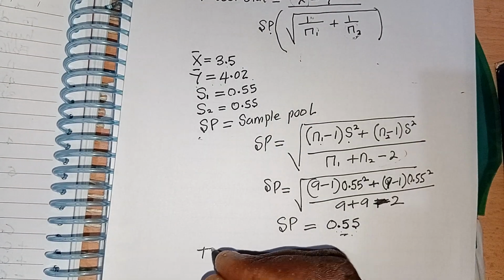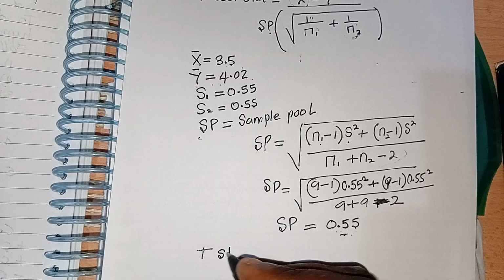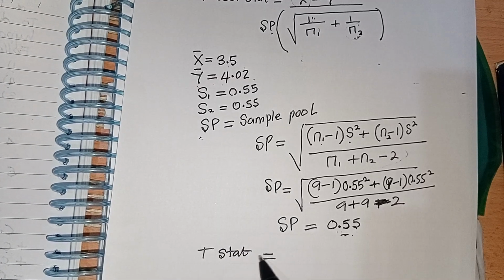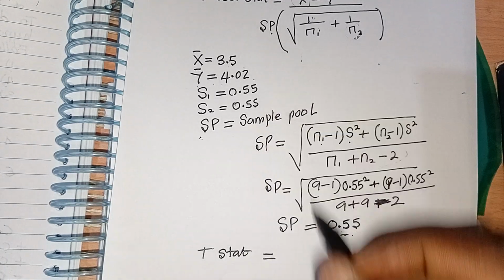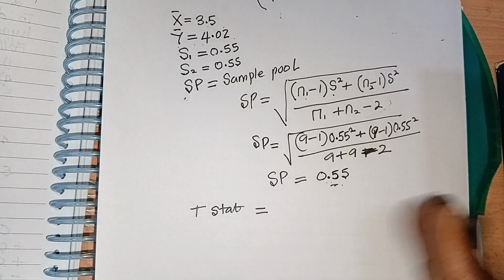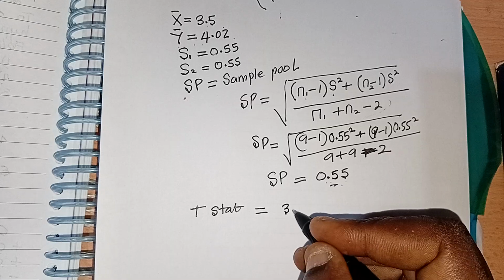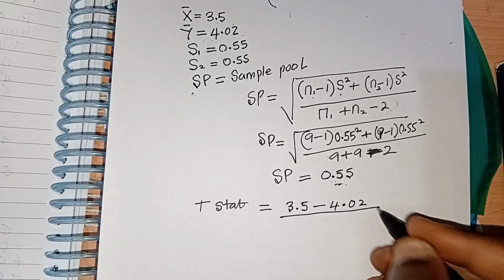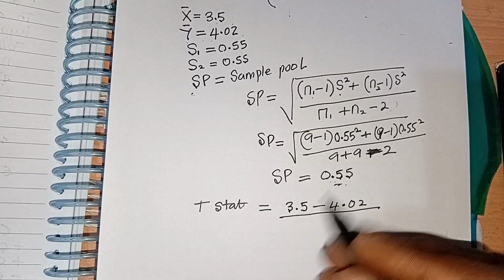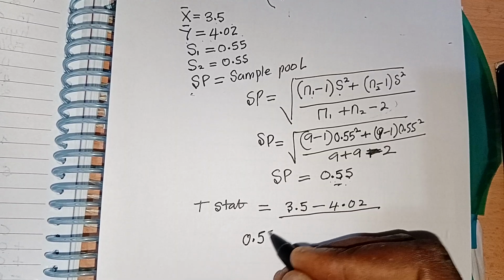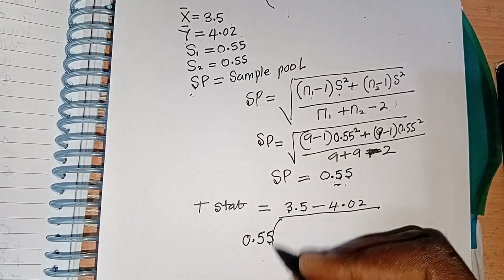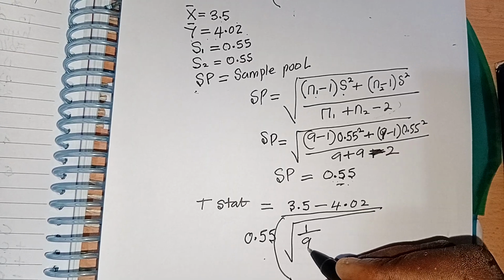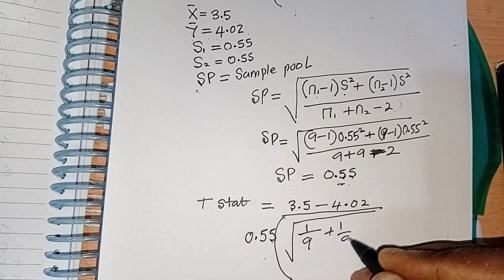So we have our t-test statistics, the calculated figure. Our x bar is 3.5 minus 4.0, divided by the pooled standard deviation 0.55, times open bracket, the square root of 1 over 9 plus 1 over 9.